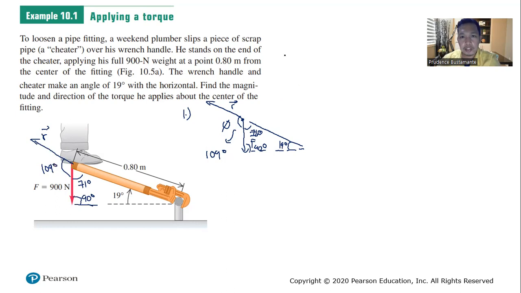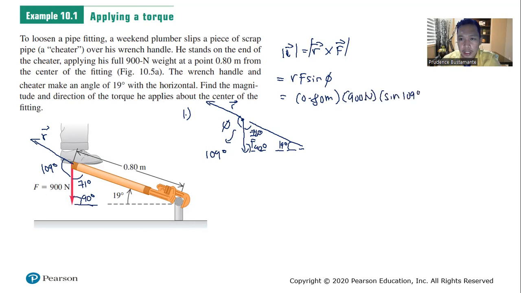So from the definition, the magnitude of your torque is equal to the magnitude of R cross F. Here we have R F sine of phi, where R is 0.80 meters times 900 Newton times sine of 109 degrees.